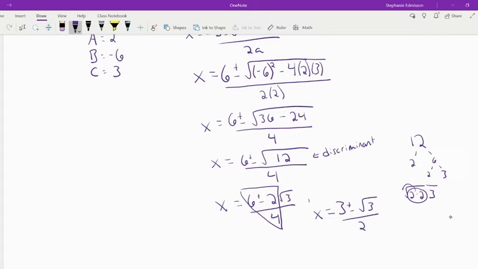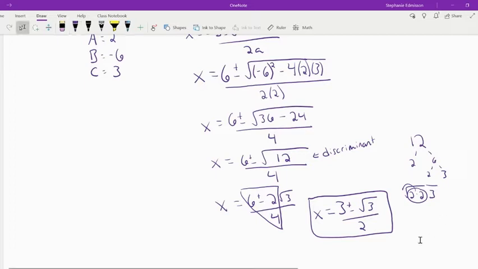And that is the answer. X equals 3 plus or minus root 3 over 2. So I have two answers because of the plus or minus, and this is an exact number. It's not a decimal. I don't want a decimal. I want an exact number, and that's what an exact number looks like.